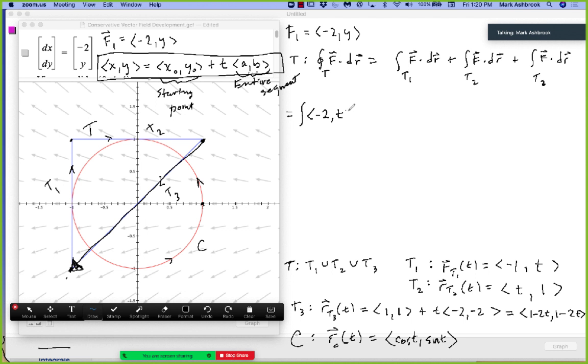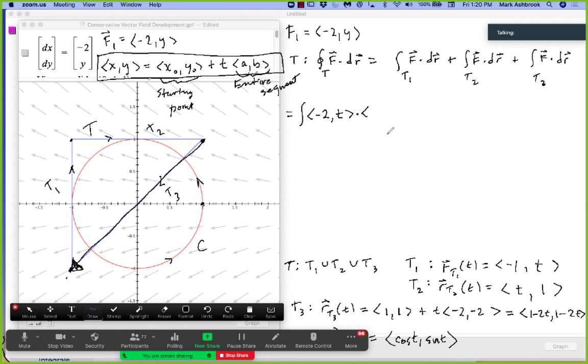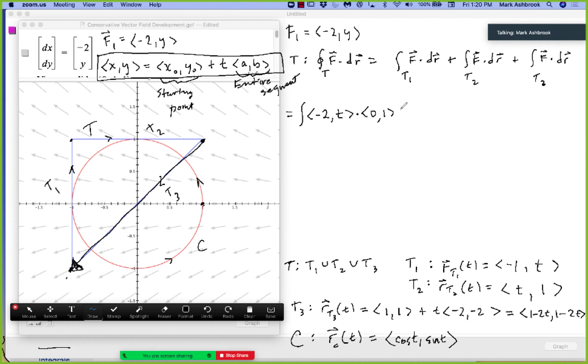So that's rewriting the vector field in terms of our parameterization of the curve. And then dot dr. What's dr for this? 0, 1. And that from what to what? So t goes from what to what? Negative 1 to 1, because t is the same as y. So the y coordinate is the same as t, so negative 1 to 1.